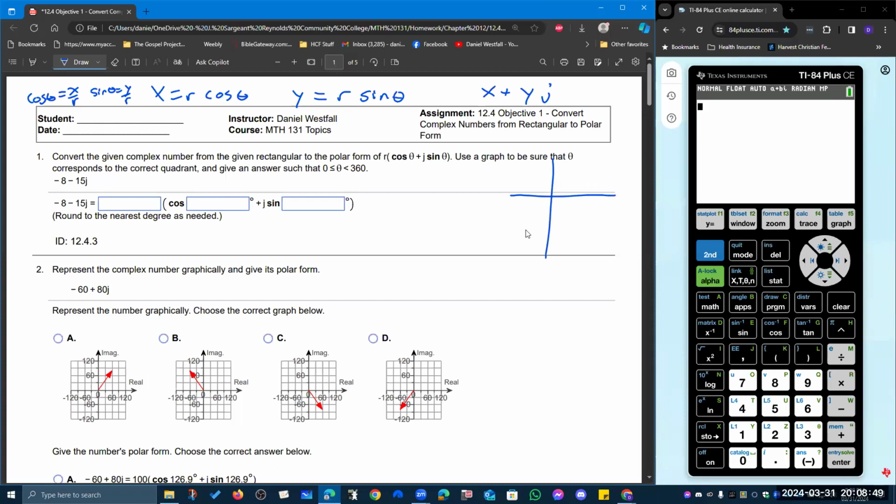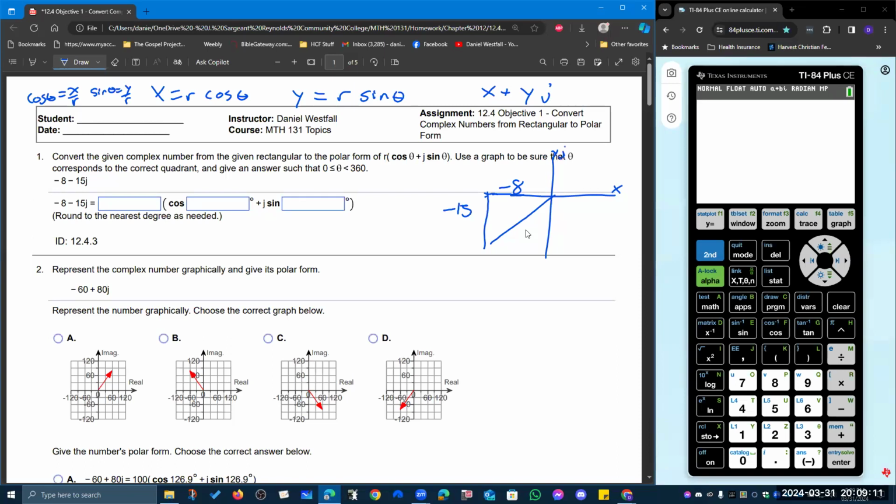We have a negative x value and a negative y value, so we're down in quadrant 3, and x is negative 8 and y is negative 15. And this is j, right? Because this is the x axis and this is the y, j axis.